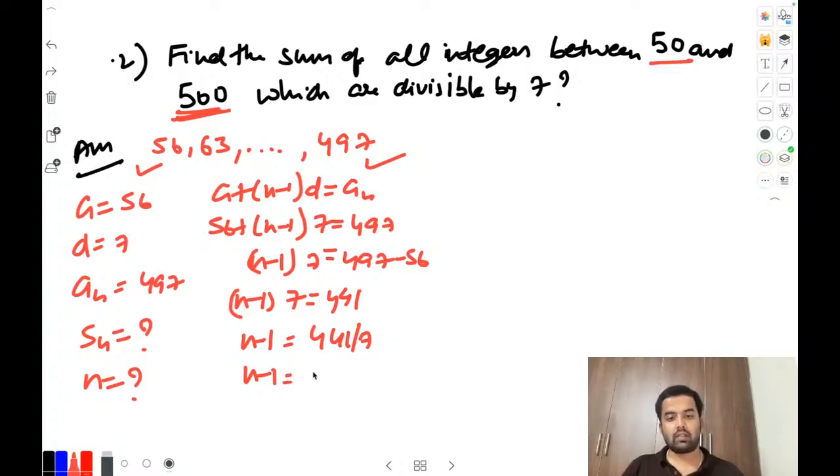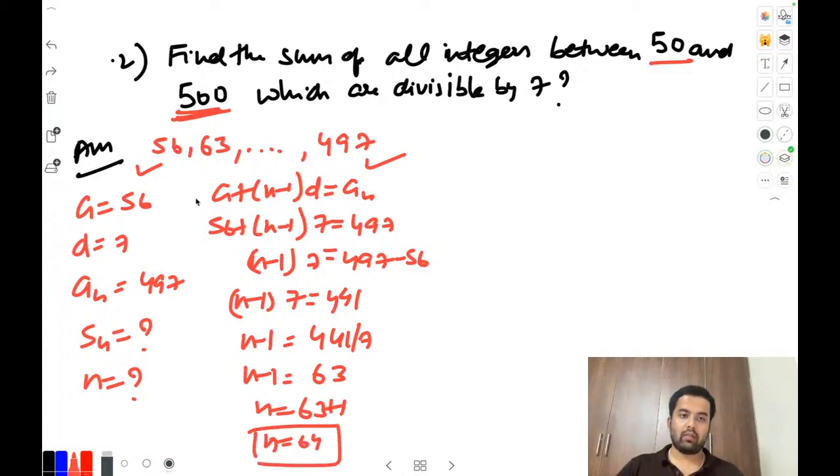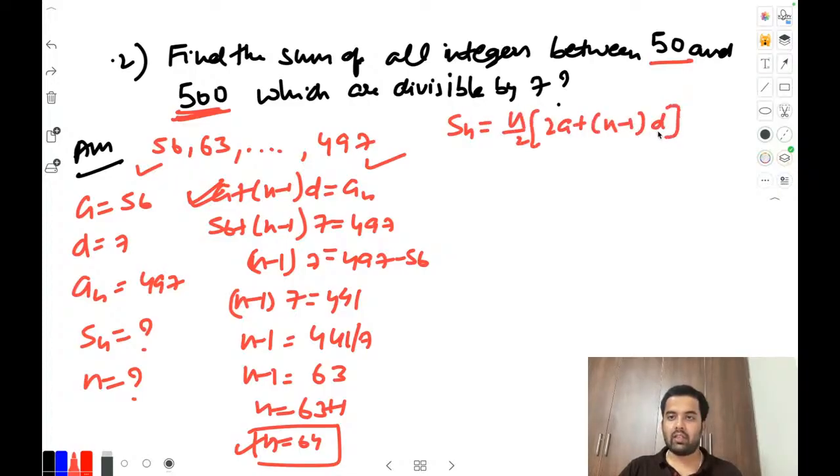This will come 7 sixes are 42 and 3 ones, 63. Okay, n value we got as 64. We had applied the first formula to get the n value. Now this n value we will use in the sum formula. As we know, the sum formula is this. Only these are the two formulas which are there in the AP.